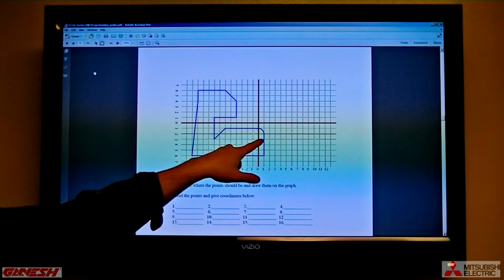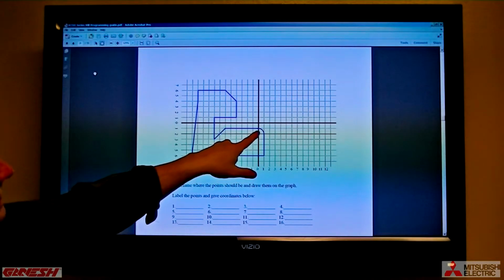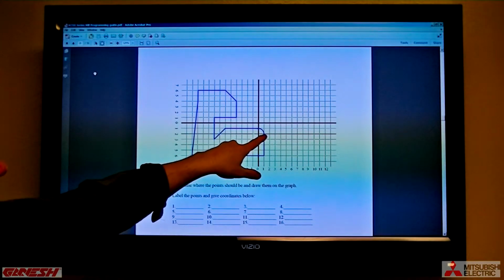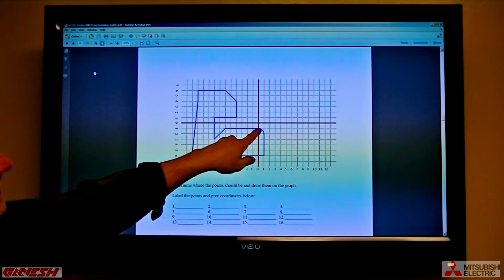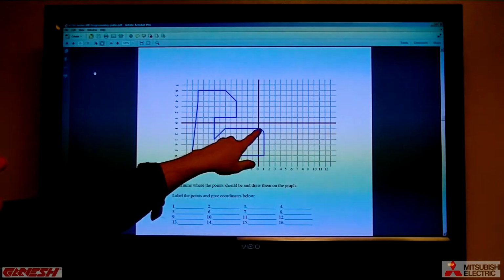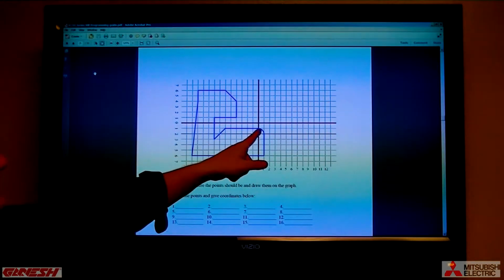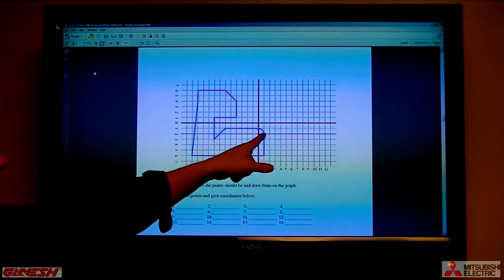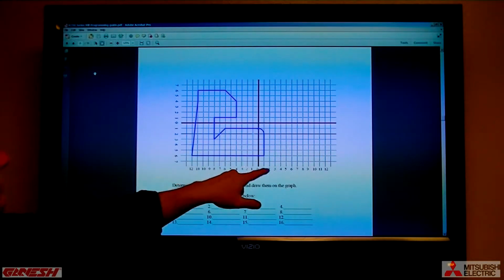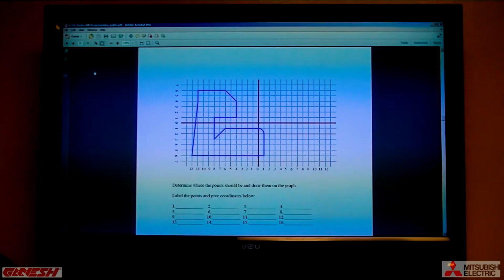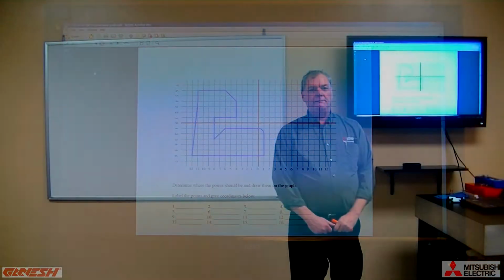All you need to do at this section is to identify the beginning and ending point of that arc. So if you're coming in this direction, this is a 90-degree arc. This point right here will be at x0, y minus 1. And then this point will be at x1, y minus 2. So I want you to get the rest of those. So please do that, and we'll come back to it in a few moments.